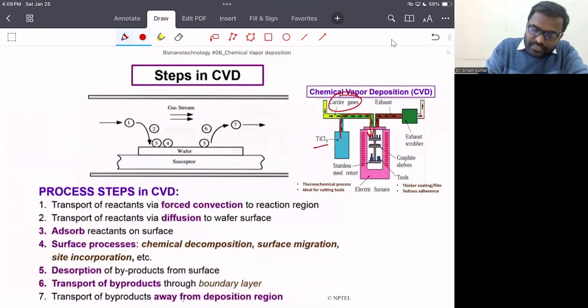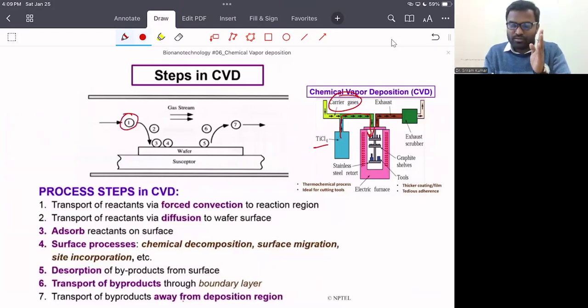So the first step is transporting the carrier gas with the precursor from this container to the reaction chamber. That is the transport of the reactants by forced convection. We are putting external pressure from the carrier gas, so that it carries the precursor vapor from these containers to the reaction chamber.